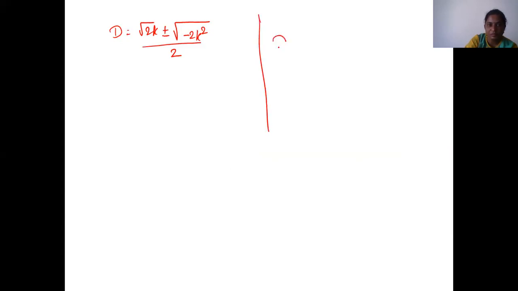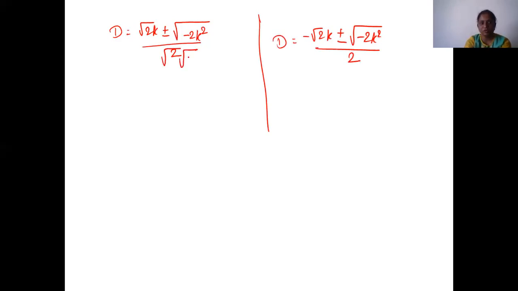And next, on this side, D is minus root 2k plus minus root of minus 2k square by 2, isn't it? Yes. Here we can see root 2, and here 2, which I'll write as root 2 into root 2. Is it okay?